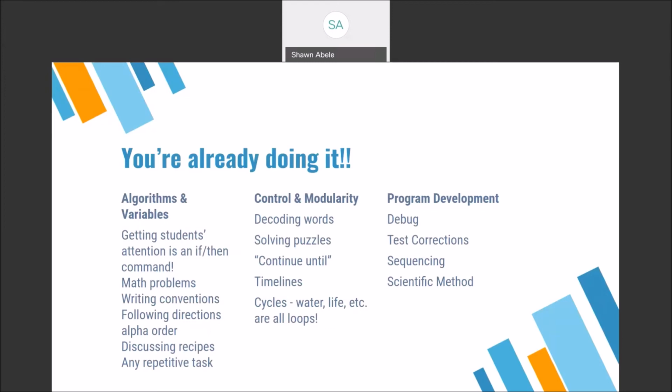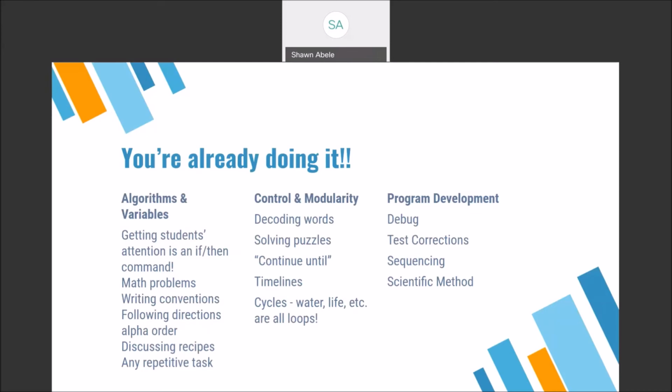With control and modularity, this talks about the order in which instructions are executed within a program. So when teaching students to read, we're breaking it down into smaller parts so they can decode the words, sound it out. And you've given them specific instructions on how these letters sound and what happens when you put them together.